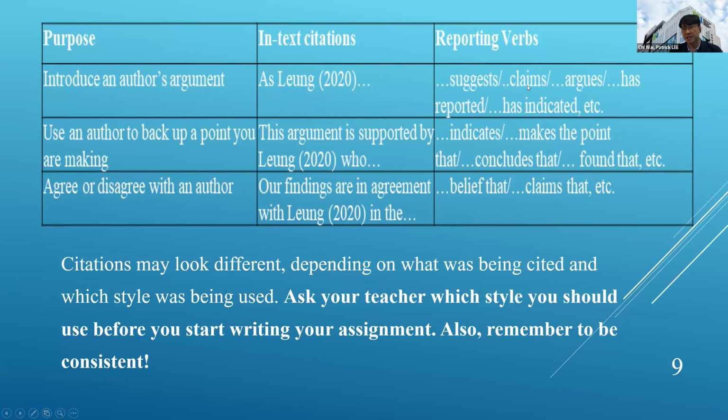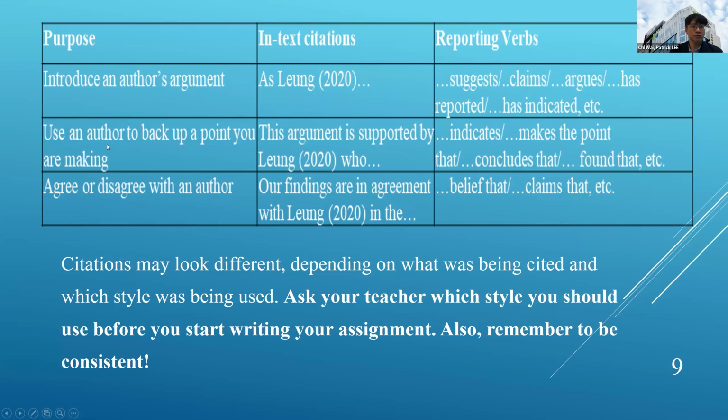For example, suggests, claims, argues, has reported, has indicated. Now, specifically, for example, you read a book by Learn, and then you say, oh, as Learn 2022 suggested that blah, blah, blah. That means you are doing kind of a reporting. Or you can say, as Learn argues that blah, blah, blah. So that means you use this kind of reporting verb.